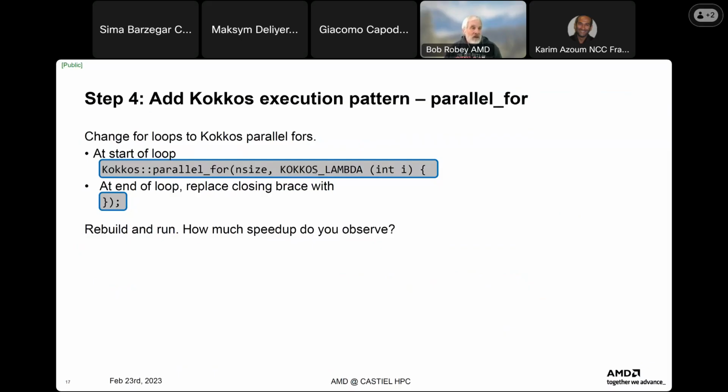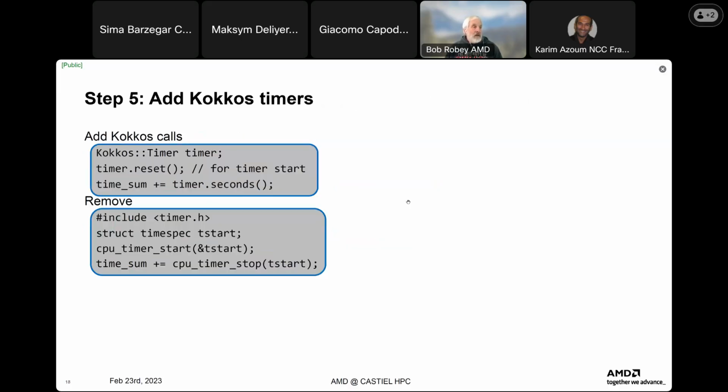We have the Kokkos lambda, so this is going to be a lambda expression which will separate the index set from the body of the loop, capture the data that needs to be transferred over, and that's how it's going to automatically move that loop over to the GPU if we're using the GPU backends. So that's really all you have to do in that source code is just change that parallel for, but this is a pretty simple program.